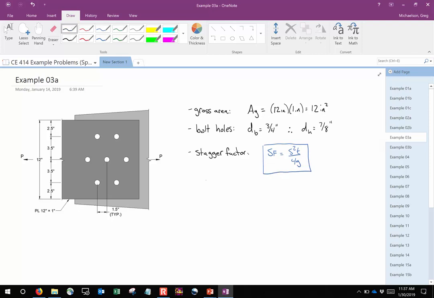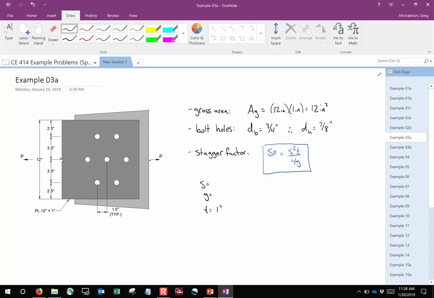So I want you to help me out. Let's look at this connection. Now the thickness, that's simple. The T is 1 inch. That's easy. What about the stagger?